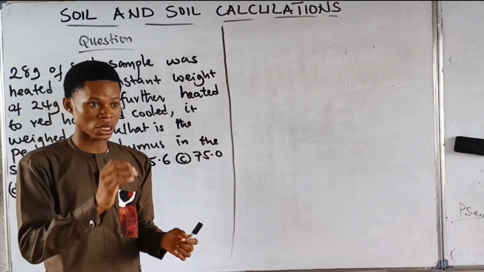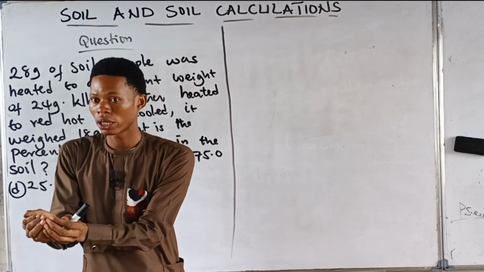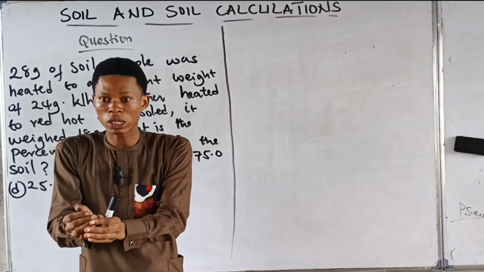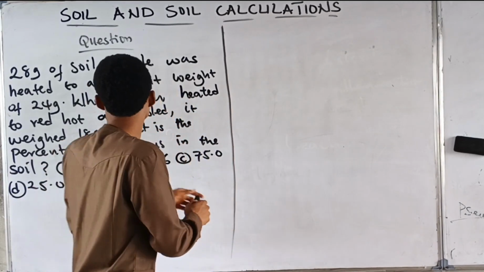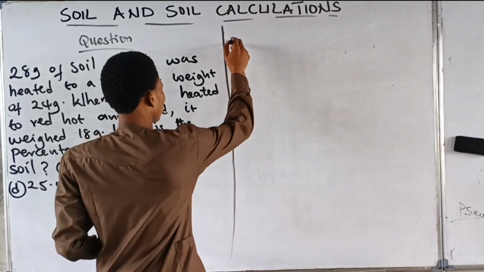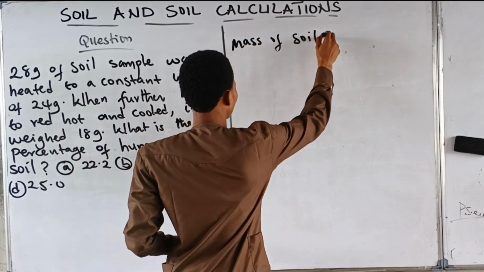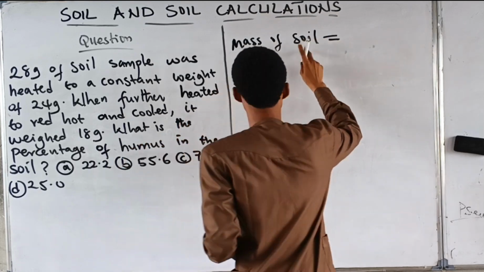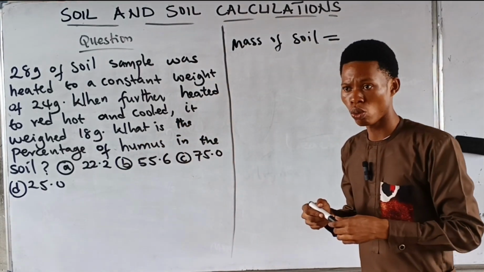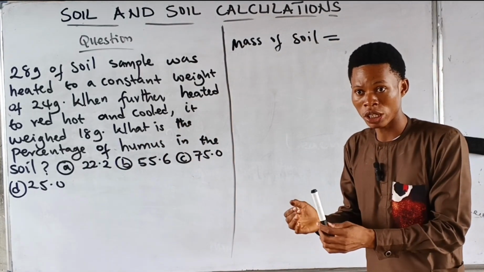Now, visualize this. You went outside, you packed soil, put it in a container. You weigh the soil. The mass of the soil is equal to what? But this soil, does it contain water? This soil you packed contains water, right?